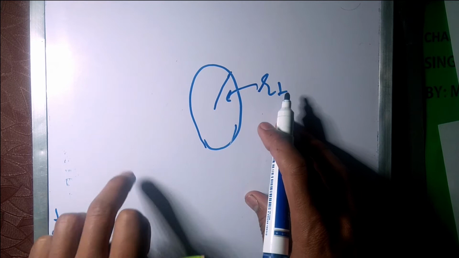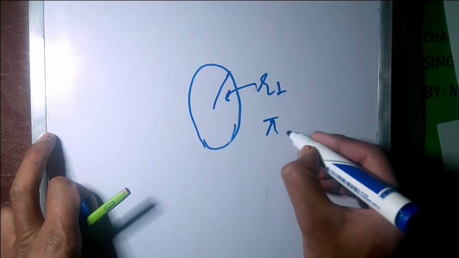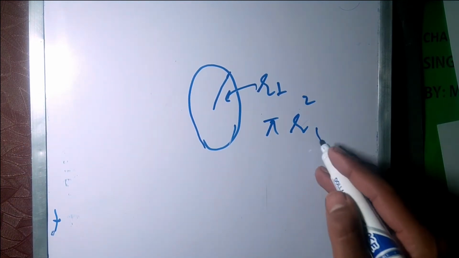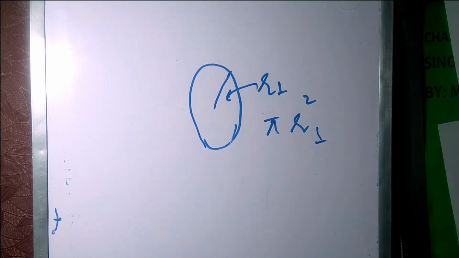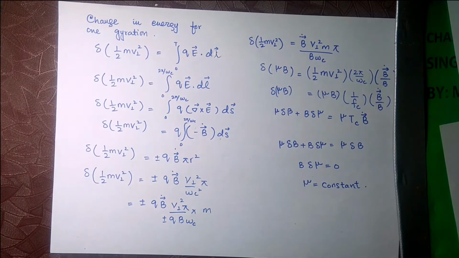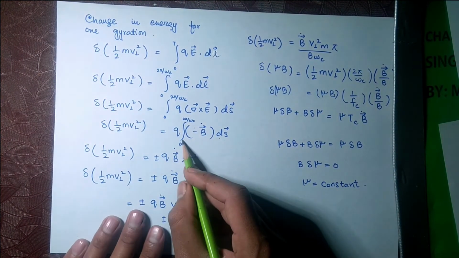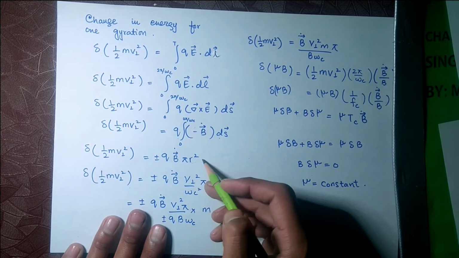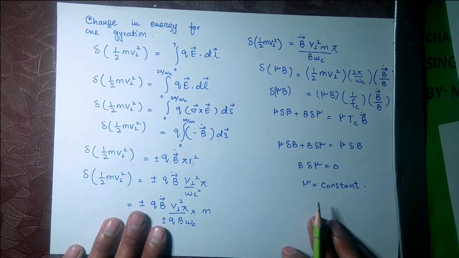For this Larmor radius the area inside will equal pi r squared, or pi r perpendicular squared. So the area enclosed will equal pi r squared here. When we integrate over dS, the surface integral, it will equal pi r squared. Let's write this as pi r perpendicular squared.